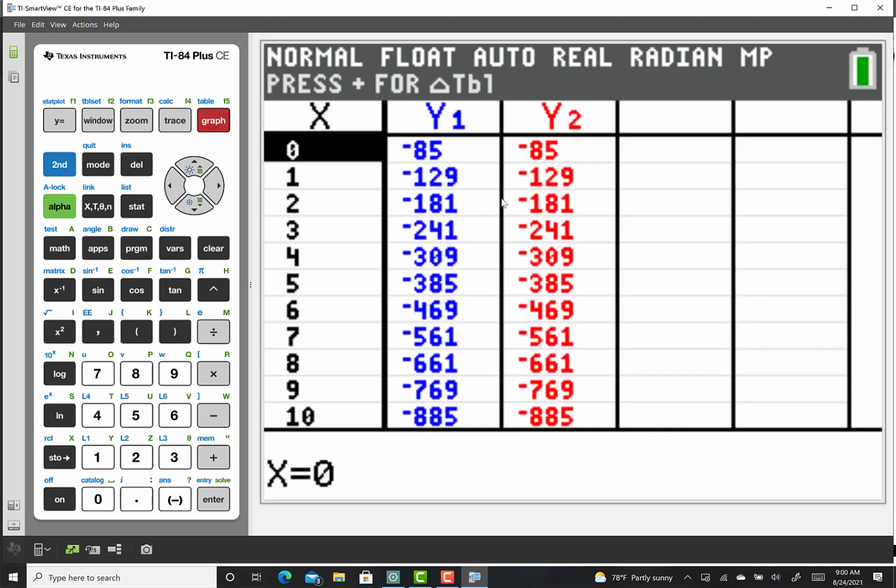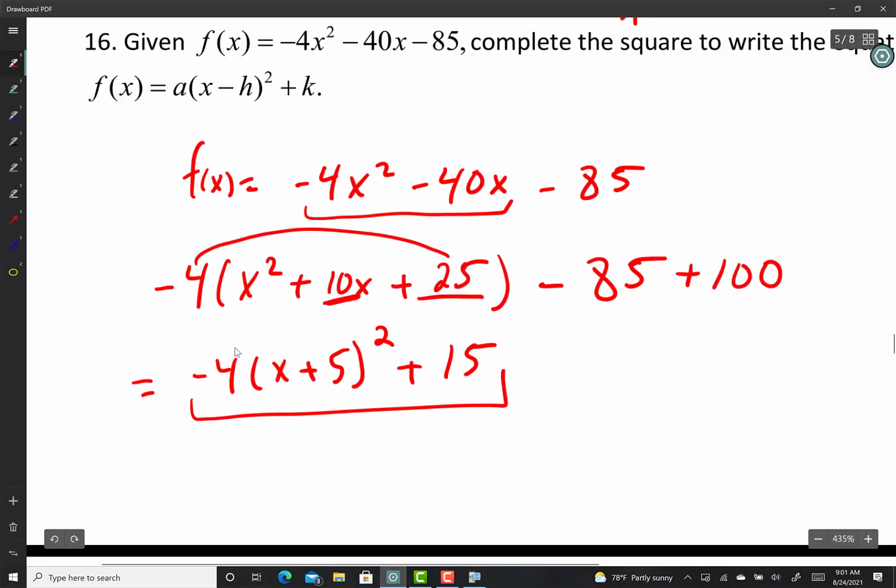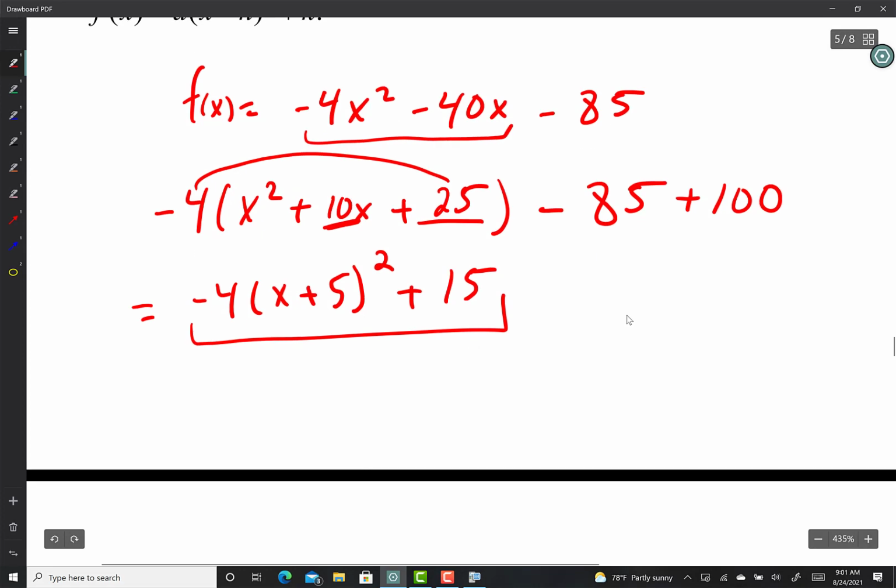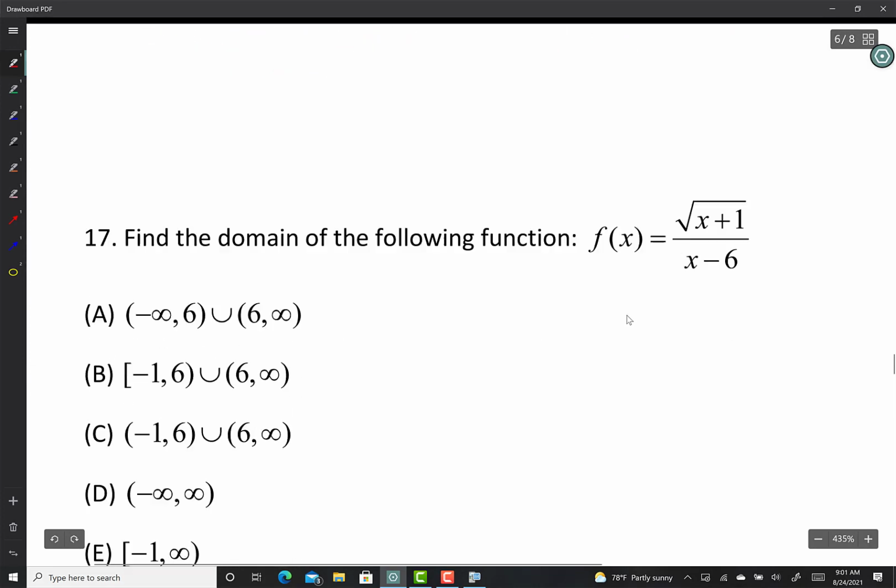They're the same at every single value. Because they're supposed to be the same. If they're not the same, then it wouldn't work. Cool? So if you graph both, the parabolas will look the same. One is vertex form. That's called vertex form, guys.